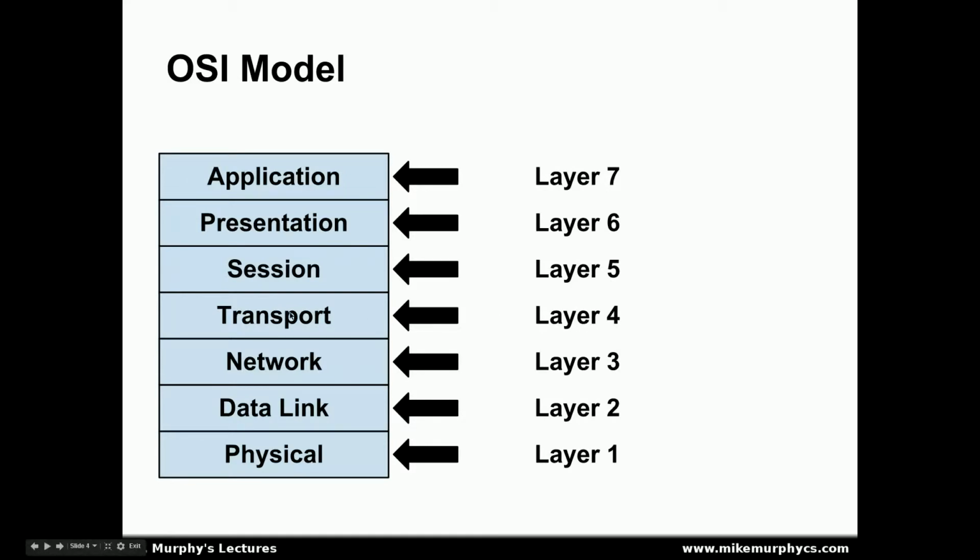Layer 4, the transport layer, sits above the network layer. Layer 5, the session layer, sits above the transport layer. Layer 6, the presentation layer, sits above the session layer. And finally, layer 7 is the networking application itself, which conceptually communicates with the presentation layer.